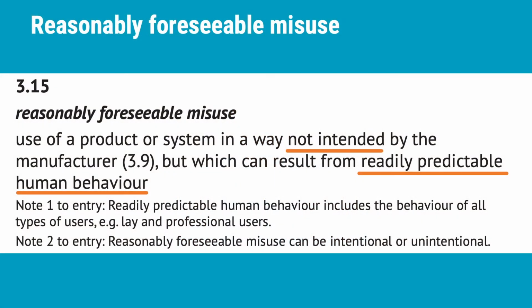ISO 14971 defines reasonably foreseeable misuse as use of a product or system in a way not intended by the manufacturer, but which can result from readily predictable human behavior.